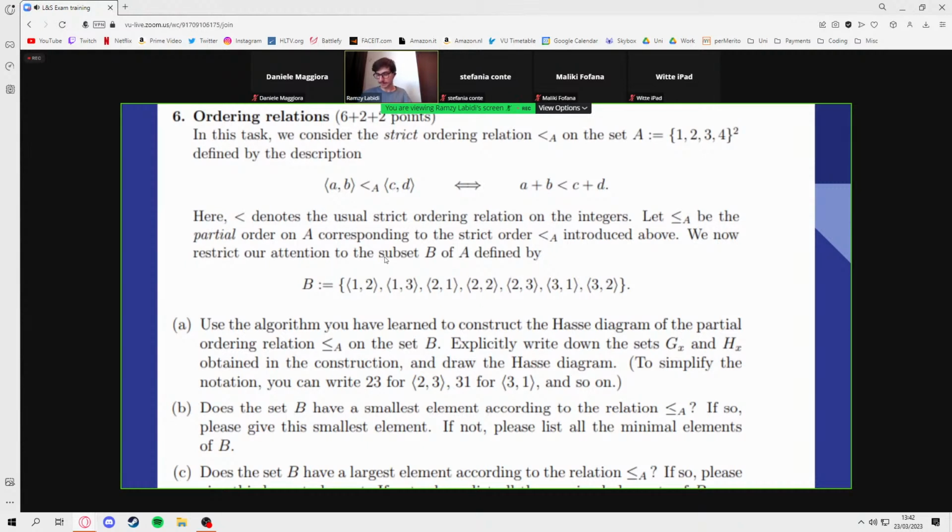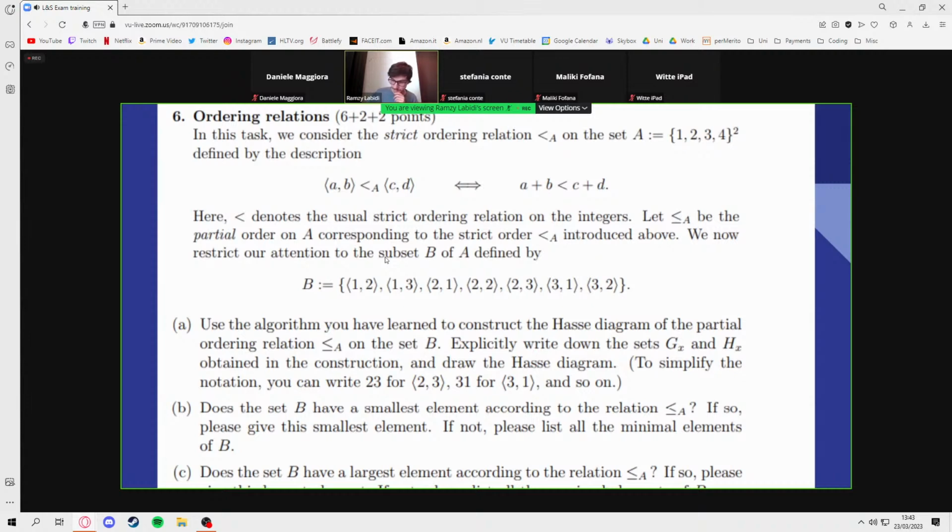All right, guys, I'm gonna start sharing my screen and showing you how to go about this. So basically, here you're asked to construct a Hasse diagram of the partial ordering relation of A on the set B, and it's given right there.